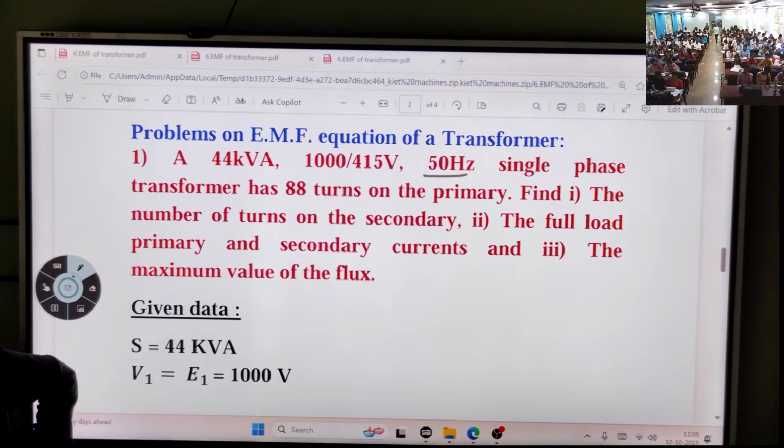Then number of turns in the primary, N1 is 88. Knowing V1, V2 and N1, can you find out N2? Yes, N2 by N1 is equal to E2 by E1, or V2 by V1. Write down that formula, enough.